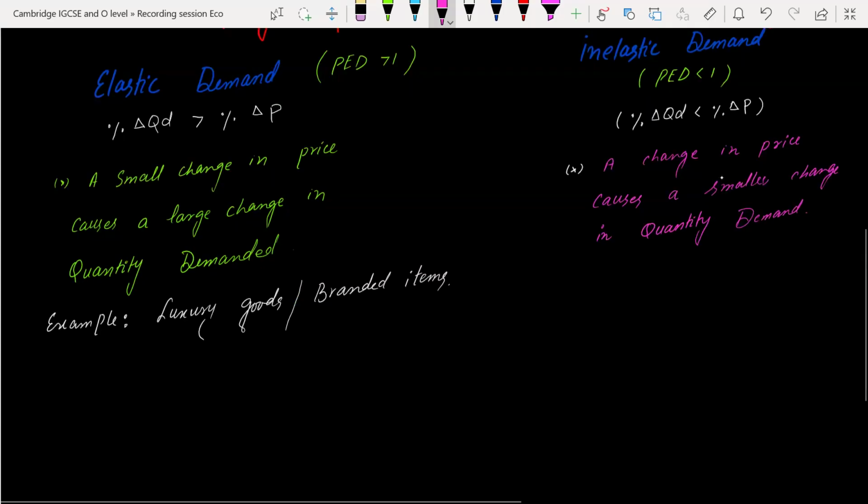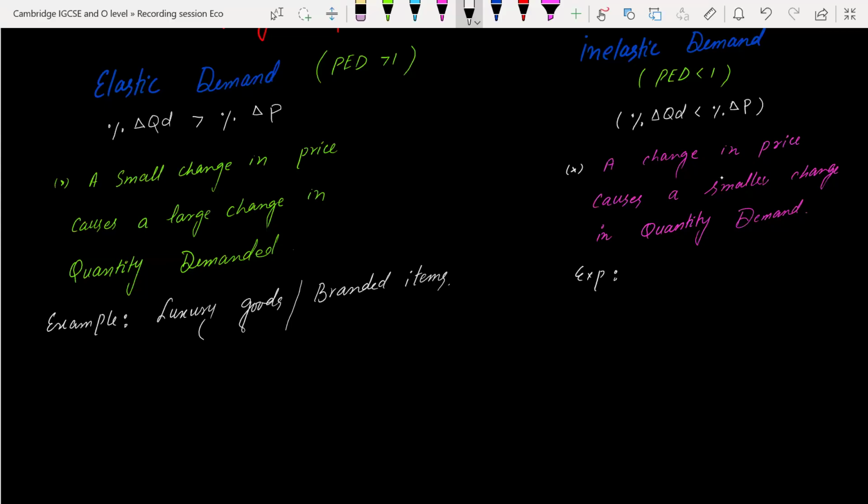And it will be about all necessities goods; they have inelastic demand. For example, if the seller increases the price by a greater margin, our demand will not fall in a greater way. No doubt demand will fall, but with a smaller margin than the price.